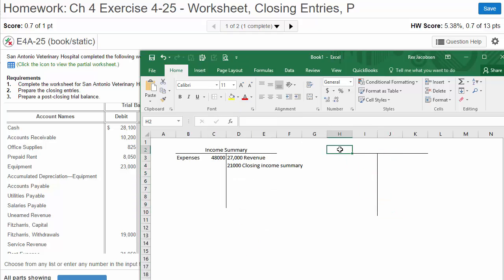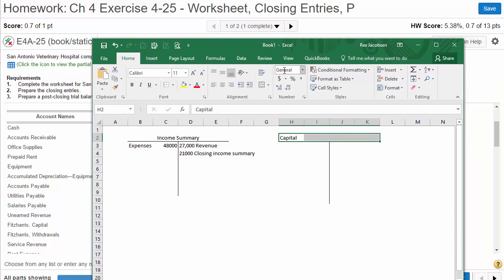Okay, so here's our capital account. Of course, you should be doing this on a piece of scratch paper, much faster than doing it in Excel. Okay, and just for a reminder, the plus side for capital is on the right, and the minus side is on the left.